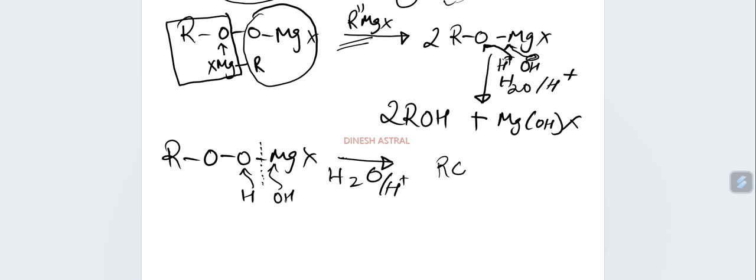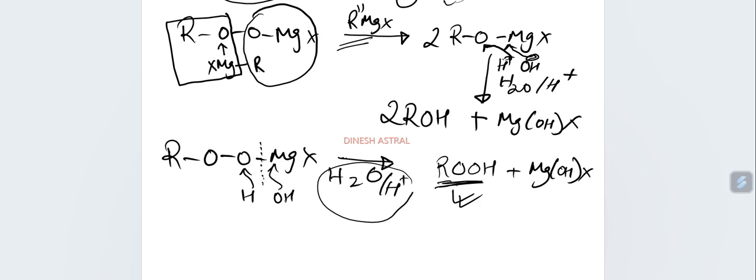So here you get R, O, OH. What is this? Alkyl hydrogen peroxide. And the other one will be MgOHX. So you have to remember, if you're treating with water in presence of acid, or acidic hydrolysis, you get alkyl hydrogen peroxide.